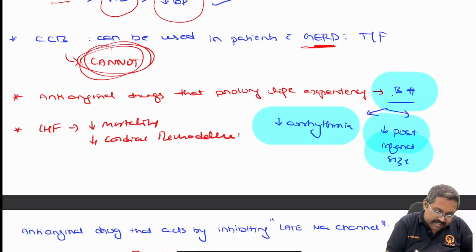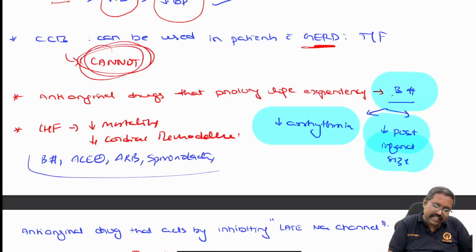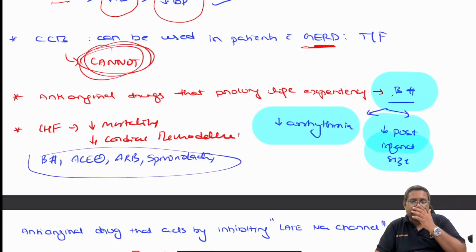So we have drugs like beta blockers, ACE inhibitors, ARBs, spironolactone, etc. So these are some of the drugs which can increase the disease survival, which are going to decrease the mortality, which will increase the life expectancy of the individual.